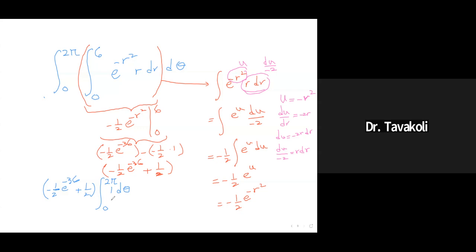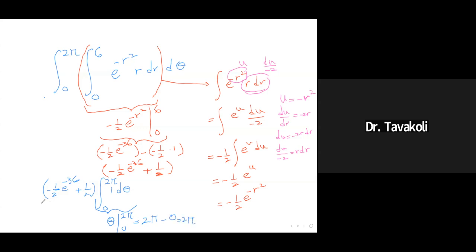I don't see anything before d theta, so by default that is 1. The antiderivative of 1 with respect to theta is theta, and it should be evaluated at these numbers. At 2 pi, when theta is 2 pi, it's just 2 pi. When theta is 0, it's just 0, so it is 2 pi.